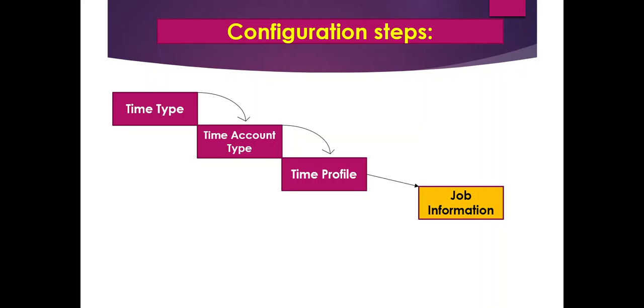Now, the most important thing, as we already told, there are three ways by which an organization can compensate the overtime hours to the employee. First one is that all overtime hours can be paid off.